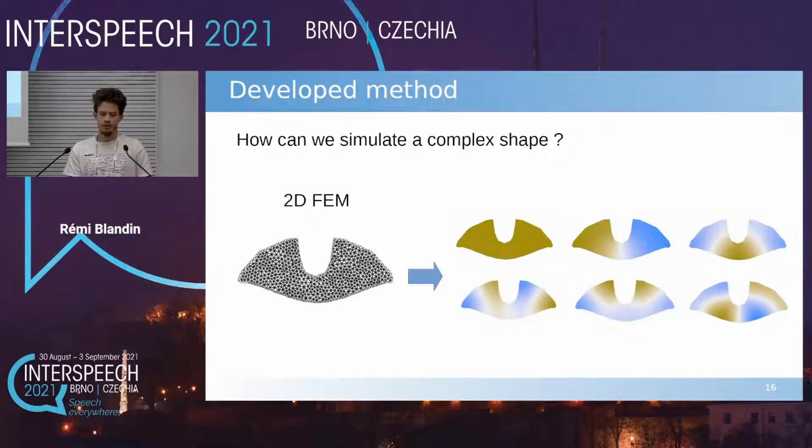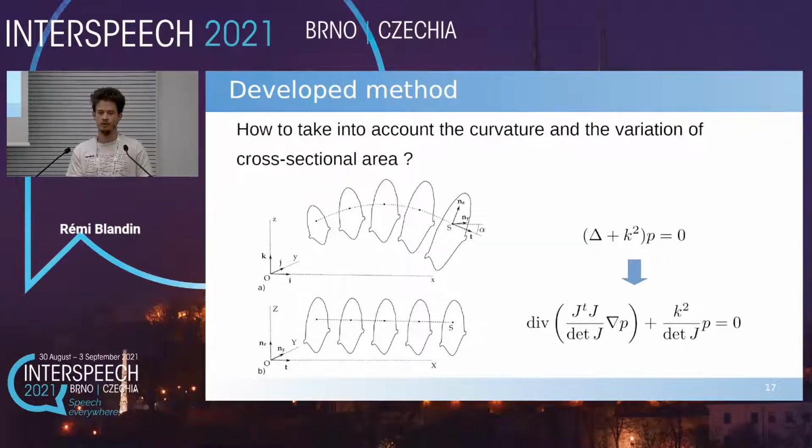And once we have the transverse modes, another problem is how to take into account the curvature of the segments and the variation of cross-sectional area. And this we do using a geometrical transformation, which will make the segment become straight, and which will compensate the variation of cross-sectional area.